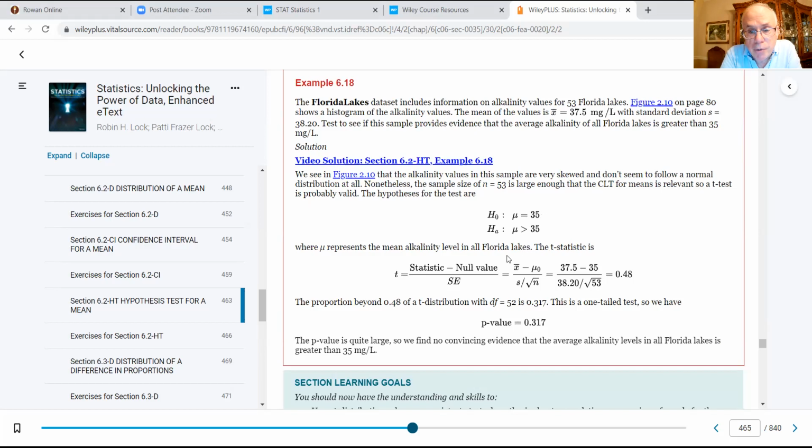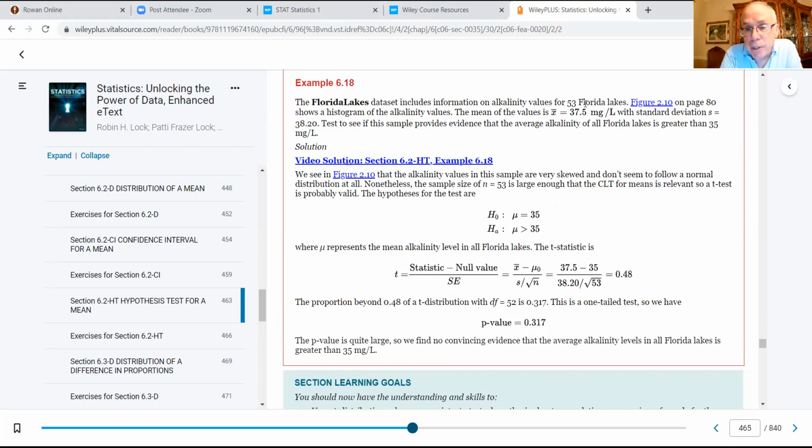All right, so what is our test statistic? Again, the only thing that's given in the problem is the sample standard deviation, nothing about the population standard deviation. So we must use the t statistic. Now, step 1 is the null and alternative hypotheses. Step 2, of course, is our assumptions. Again, we're going to assume here that these 53 lakes were randomly selected from all the lakes in Florida.